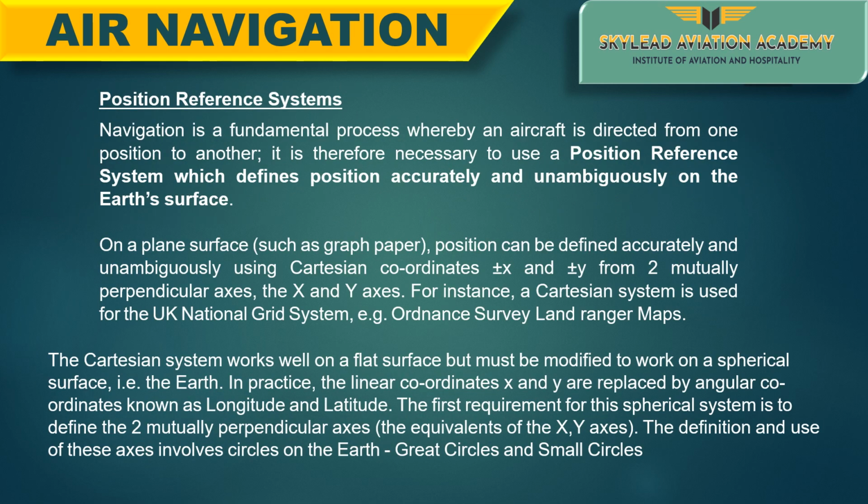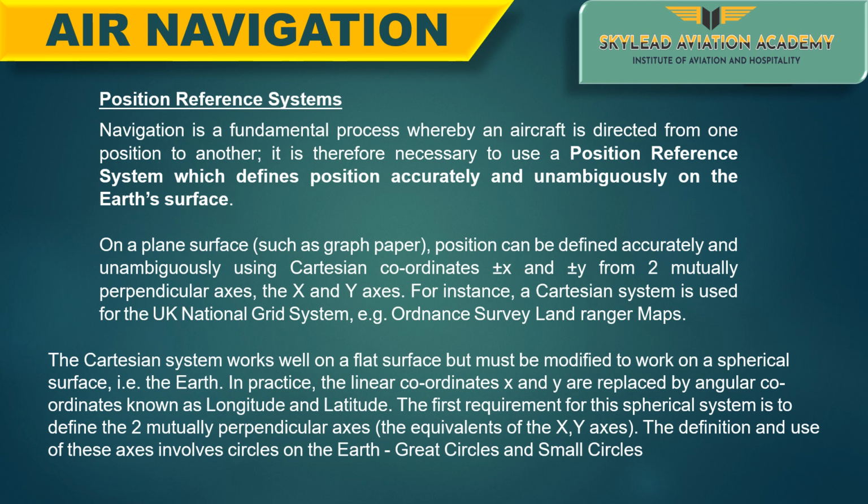To successfully navigate on earth, we need accuracy, and that is why the position reference system comes in. Navigation is a fundamental process where an aircraft is directed from one position to another. It is therefore necessary to use a position reference system, which defines positions accurately on the earth's surface.